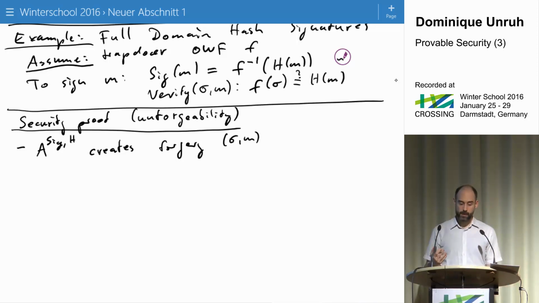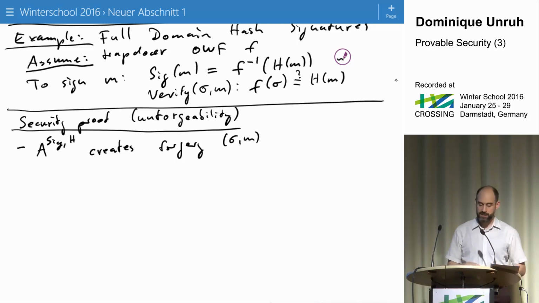And what we want to do in order to prove security is to transform this forging adversary into an algorithm that manages to invert the function f, because our assumption must be that the function f is a one-way function, so that we cannot invert it.